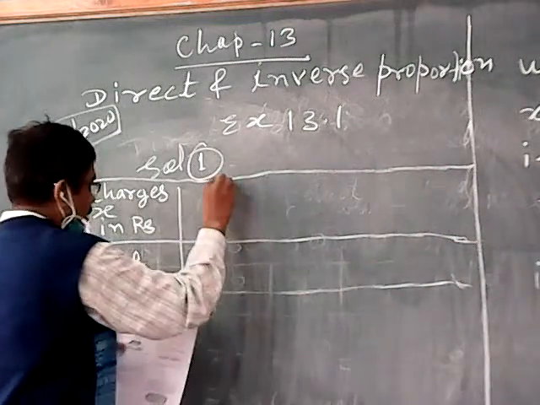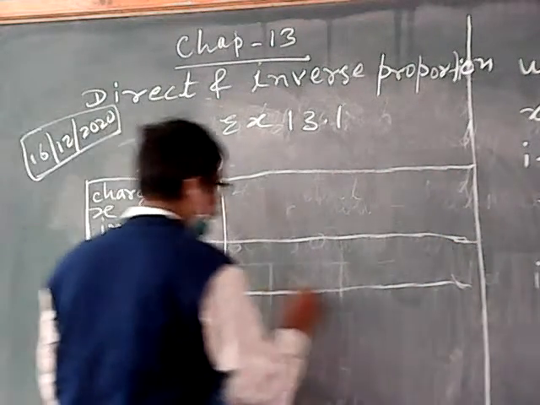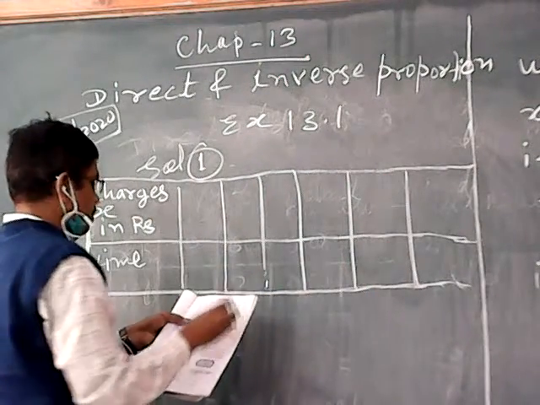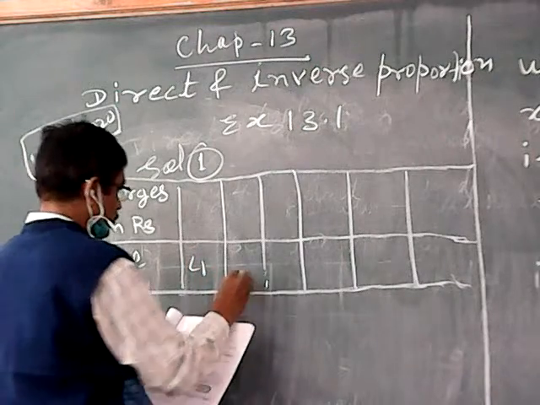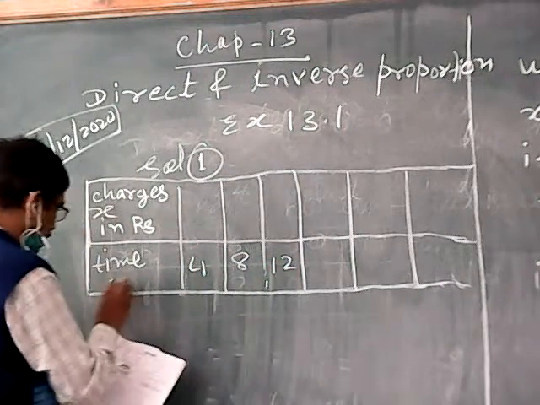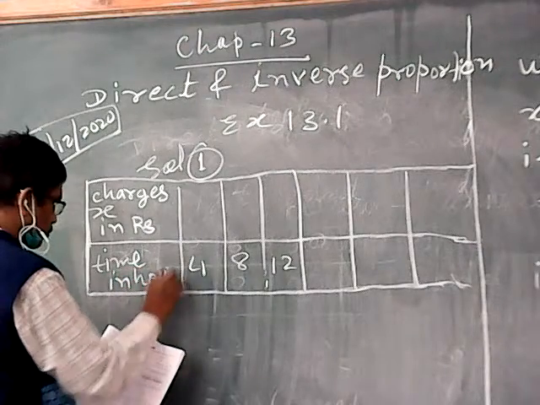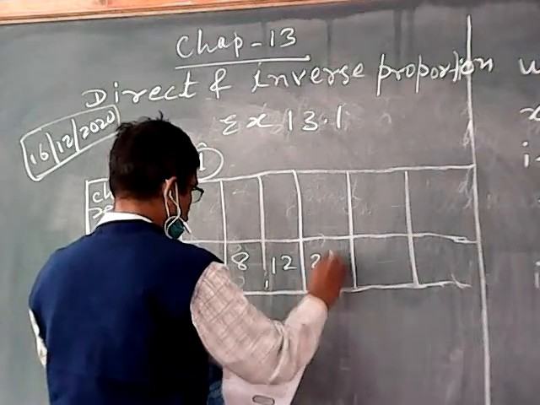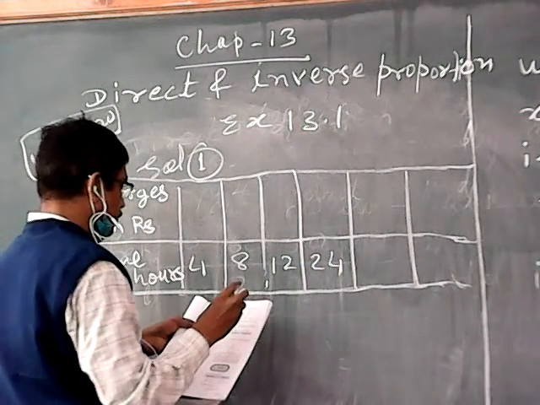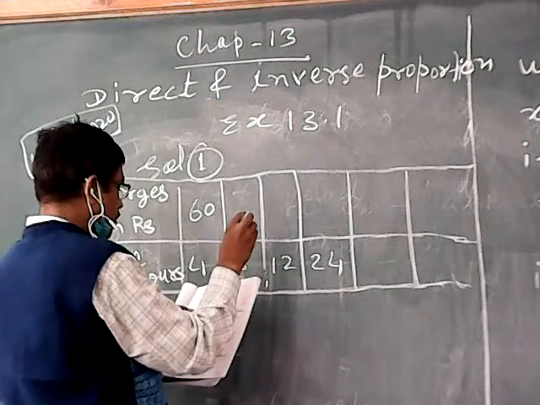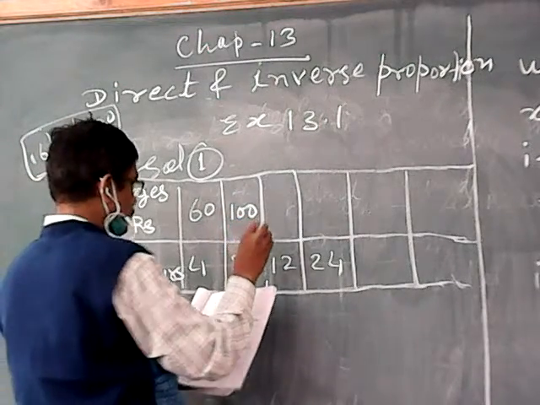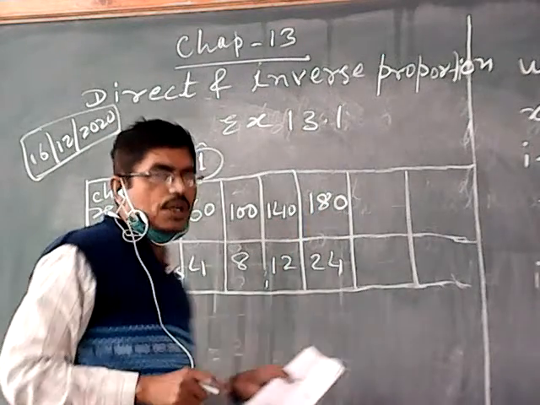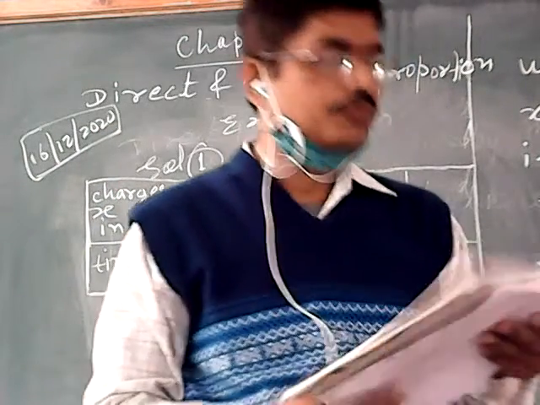This way we bring it into table form. You can see 4 hours, 8 hours, 12 hours, 24 hours, and charges 60, 100, 140, 180.